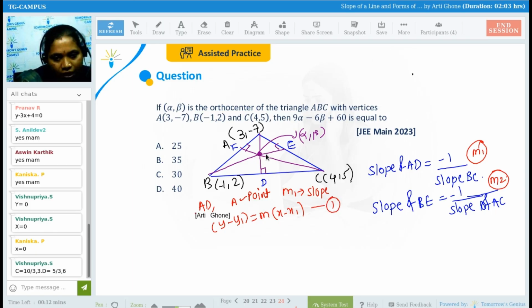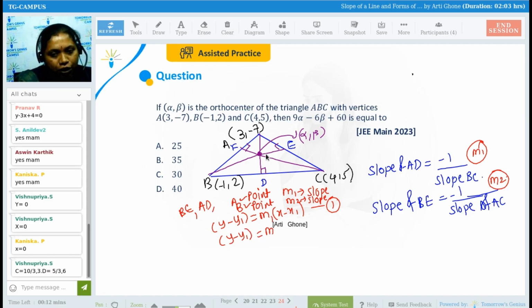Similarly, in case of B also, B is a known point and m2 is the slope. What we can do? y minus y1 is equal to m2 into x minus x1. So solving equation 1 and 2 will give you the value of alpha and beta.